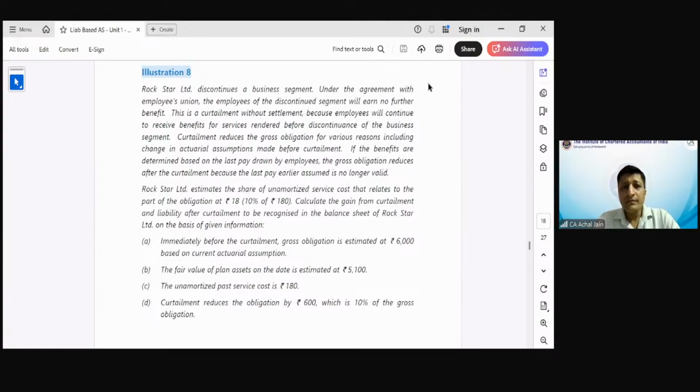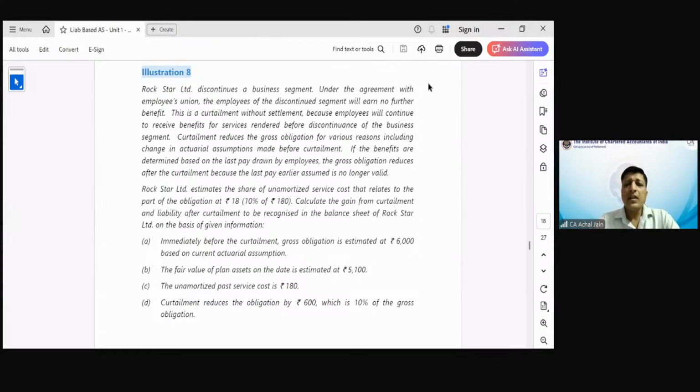Rockstar Limited estimates that share of unamortized service cost that relates to the part of the obligation at rupees 18. Okay, so there's an obligation which has been considered. You are required to calculate the gain from this curtailment and the liability after curtailment to be recognized in the balance sheet, and of course, in the P&L, any gain which is there on the basis of the following information.